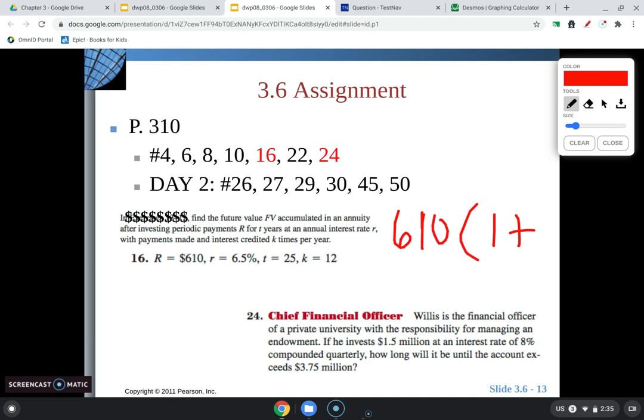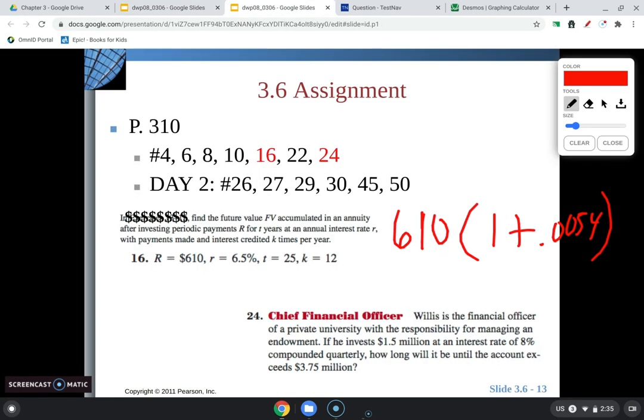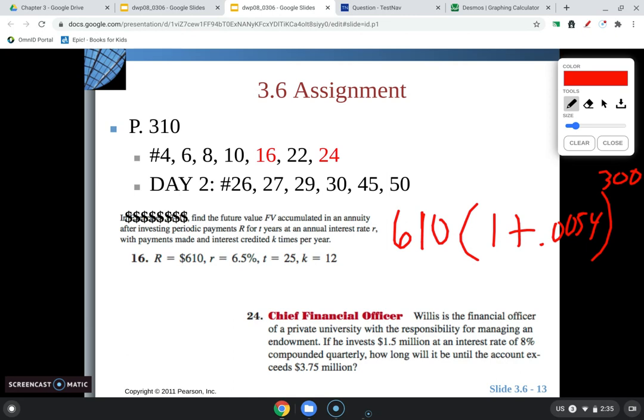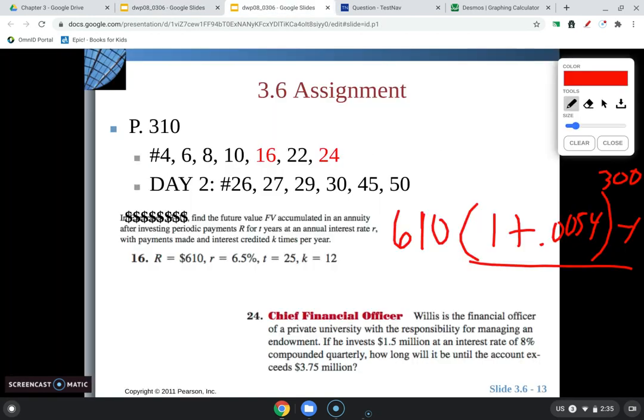So 0.0054, all to the N power. Well, N is K times T. So 12 times 25 is 300. Okay. And then we're going to go minus 1 on the top, all over I again, which is 0.0054.